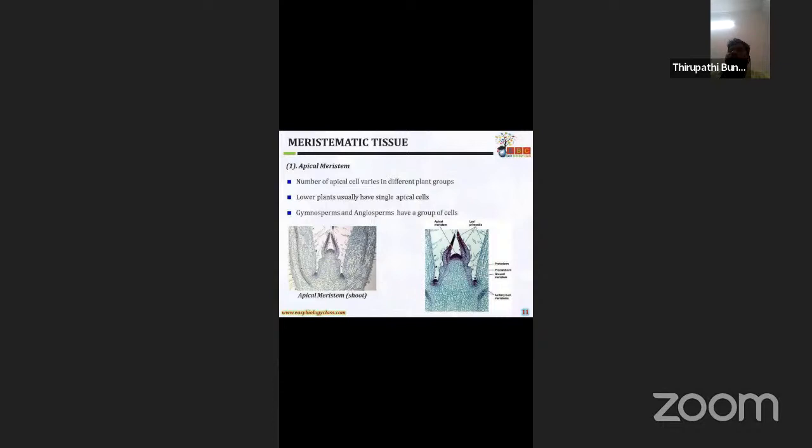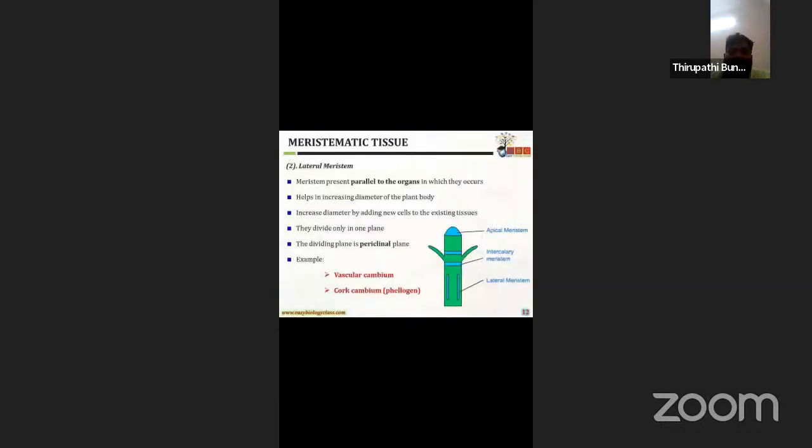increases the diameter of the plant body. It helps increase the diameter of the plant body. Okay, that is the information on lateral meristem. It is the main use of lateral meristem: increasing the diameter of the plant body.